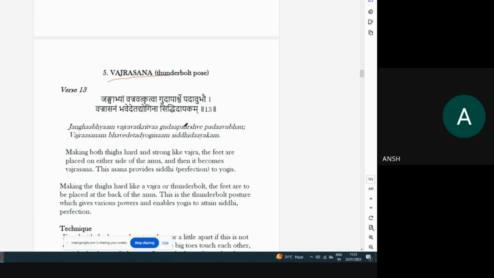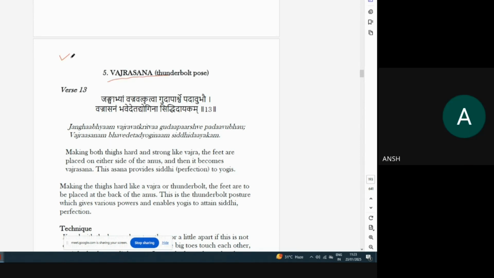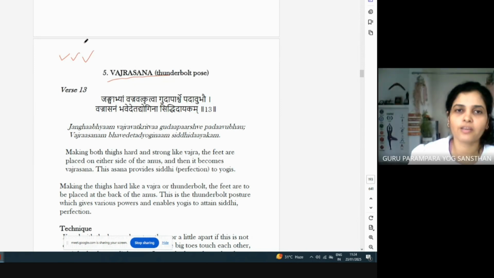This is Vajrasana. Muktasana, Vajrasana and Guptasana were all under the bracket of Siddhasana. Vajrasana is the same practice that we do today. It's not different.